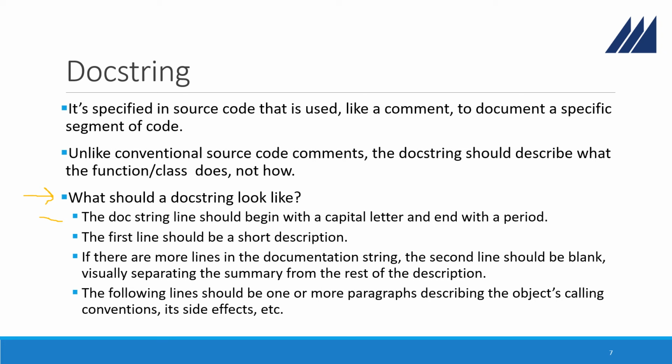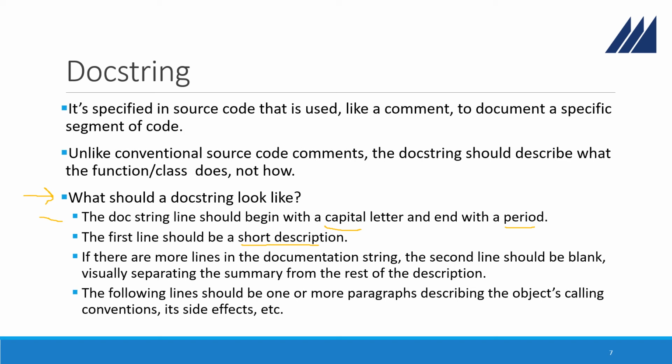It always starts with a capital letter. The first line starts with a capital letter and ends with a period. The first line always needs to be short and has to be a general description of what the class or the method we are documenting is going to do.